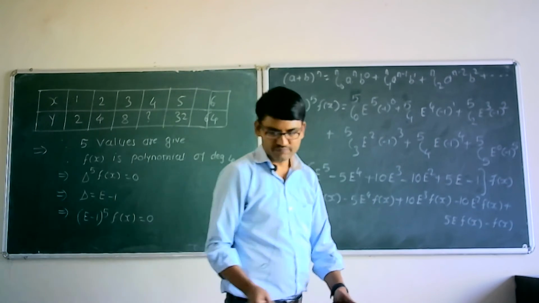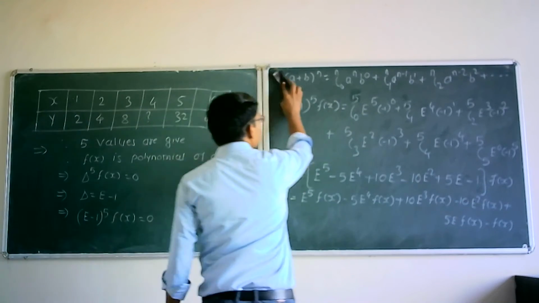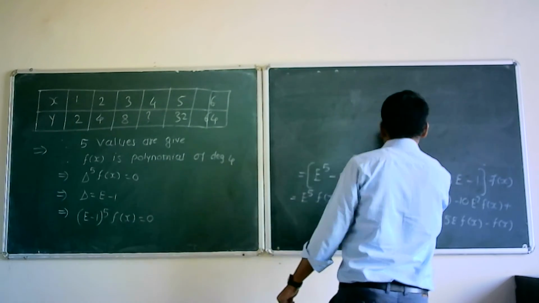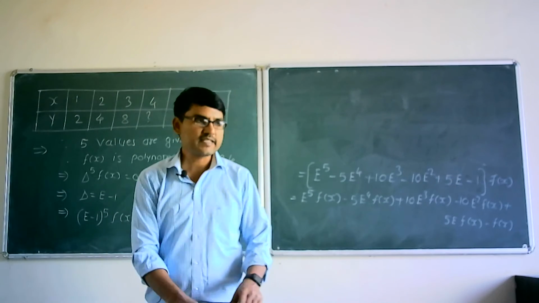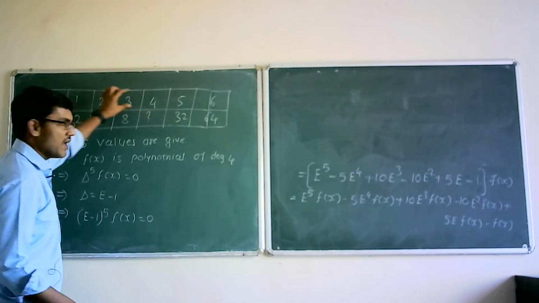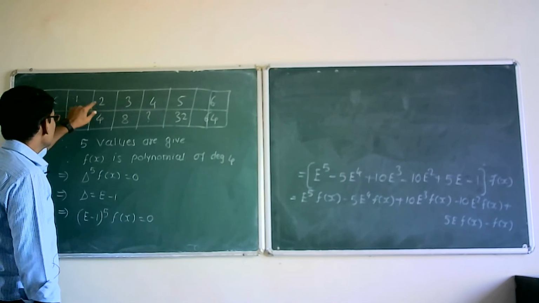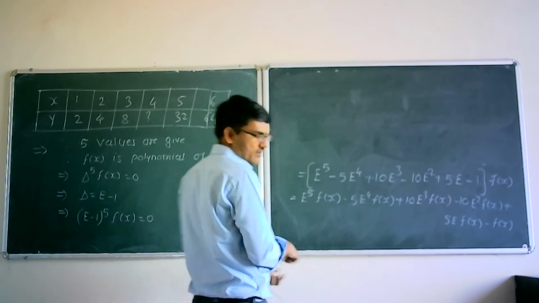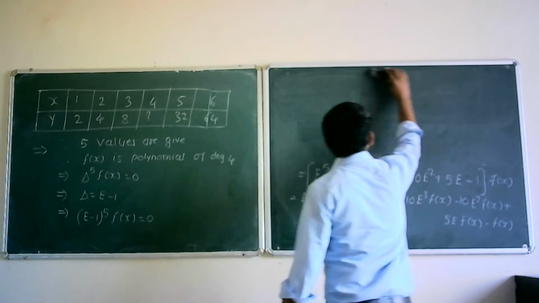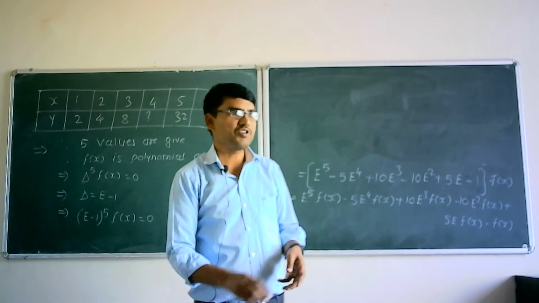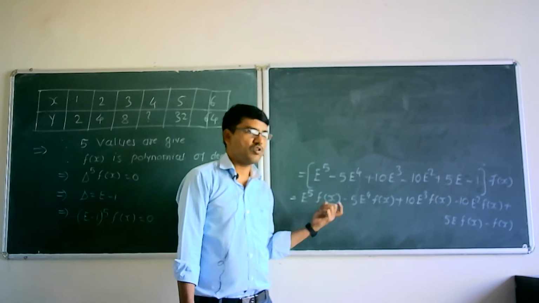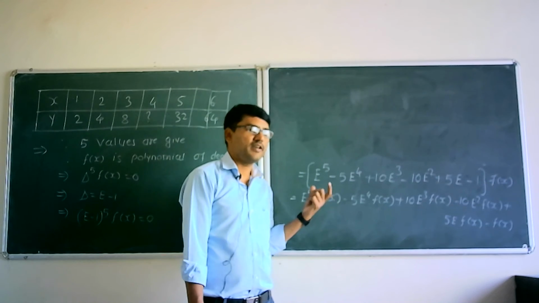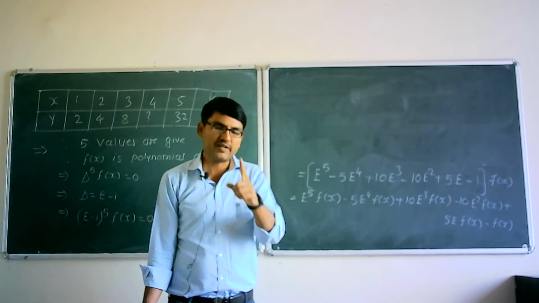If you simplify this, what is h here? H indicates the difference of x values. 2 minus 1 is 1, 3 minus 2 is 1, so h is equal to 1. And what is e raised to n? We know that the shift operator e f of x is f of x plus h. So e raised to 5 f of x is f of x plus 5h, but h is 1.